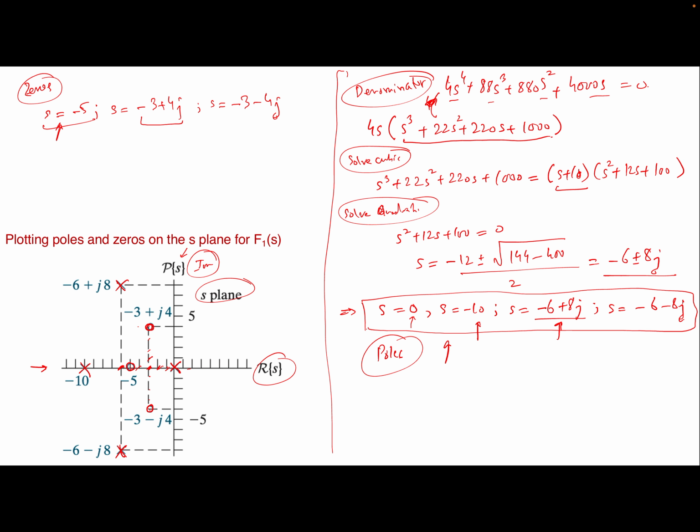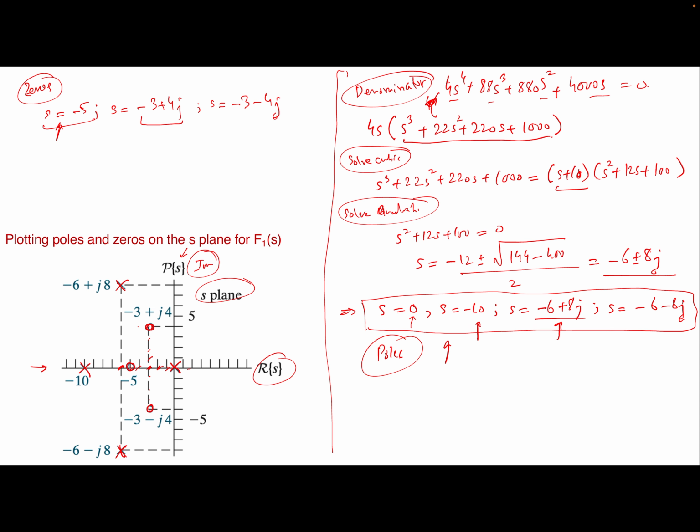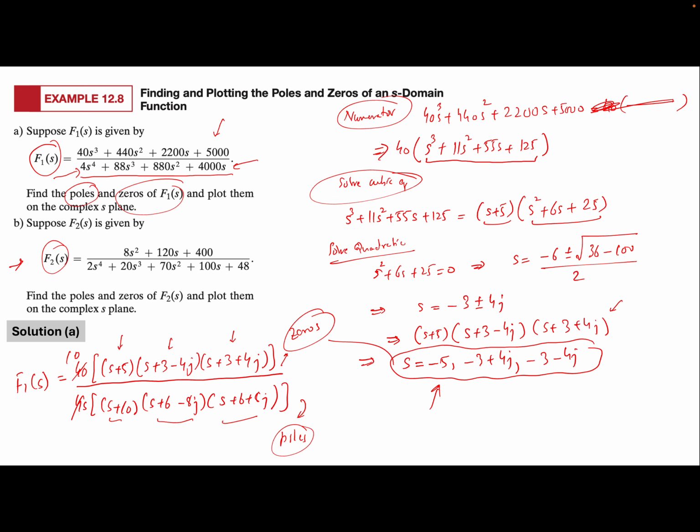We're going to do the second part of this problem as well very quickly, where here's our function. And we have to repeat the whole thing again: finding the numerator roots and finding the denominator roots, and then plotting them on the s-plane. Let me write down the function very quickly first.